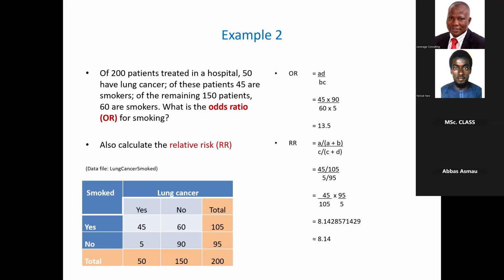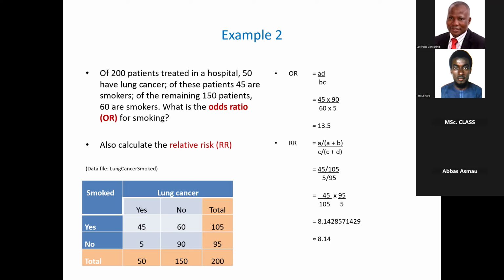The 50 will cancel 50. So the odds of smoking among the people that have lung cancer is 45 over 5. Is it clear?